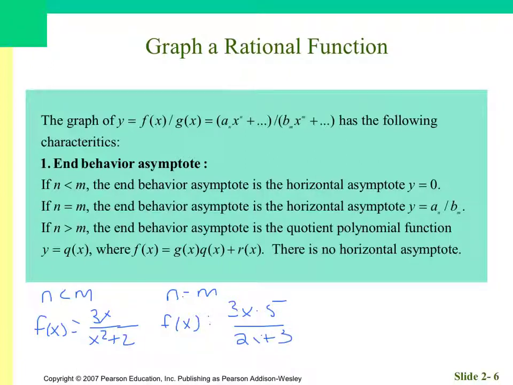It says if n equals m, the horizontal asymptote is y equals a divided by b, so the lead coefficient of each. That's what that's saying. So the horizontal asymptote here would equal 3 over 2. So again, check in your calculator, and you should see it stopping at 1.5, a horizontal asymptote.